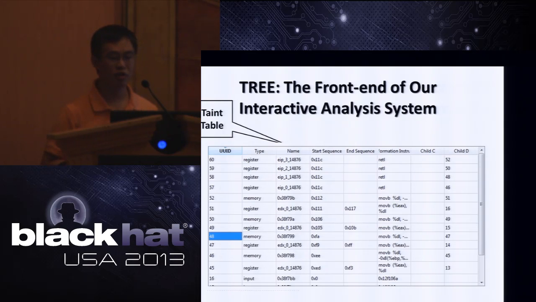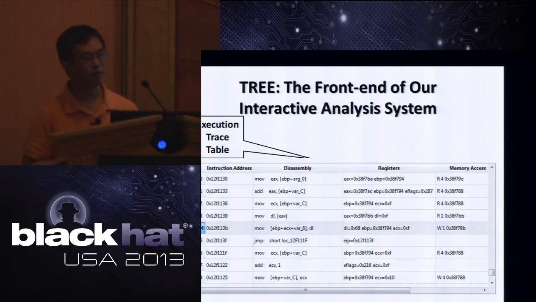So that's the end sequence. Usually you can see when the taint is gone. Also, we have the child node. You can click on the child node to highlight the entries in the taint table. So it's a different way, but it has a little more information. Also, remember the sequence number I mentioned, that it can trace back to your original trace.